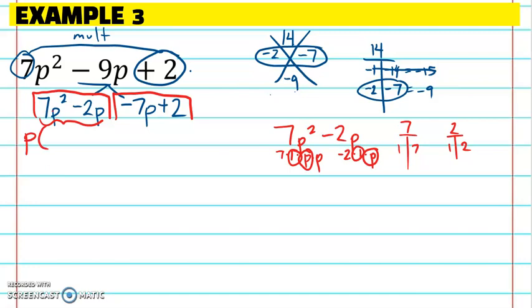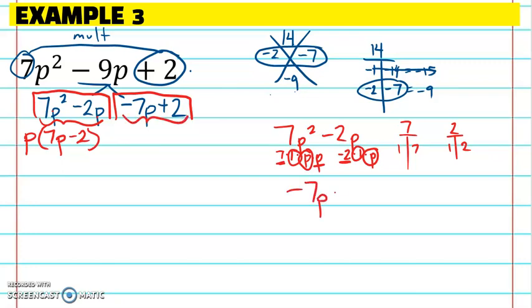Then remember, we still want it to be 7p squared minus 2p. It just is going to look different, right? So p, I have to still multiply by the other factors. So p times 7p is 7p squared. And then p times negative 2 gets me back to the negative 2p. All right, let's factor the other side.